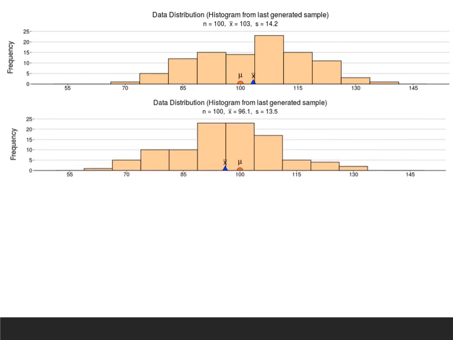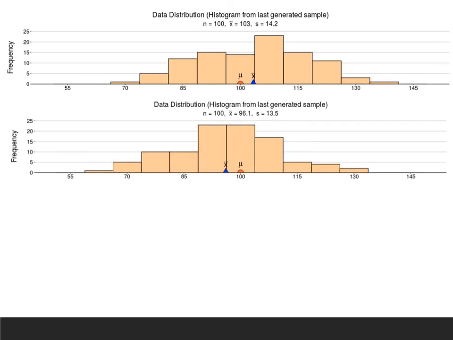And as you can see, remember, sample means where the center is. These are lined up. The 100s are about lined up here, trying to get them pretty much in the same spot. The blue triangle is to the right on the top graph, to the left on the bottom graph of that red semicircle, which is the population mean of 100.